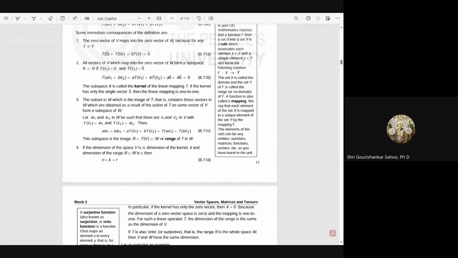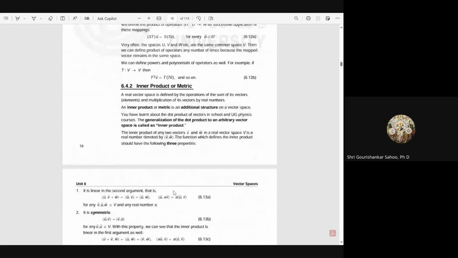And the subspace K is called the kernel of the linear mapping T, and the range of T in W is R. If the dimension of space V is n, the dimension of kernel K is k, and the dimension of range R, which is a subset of W, is r, then n is equal to k plus r.